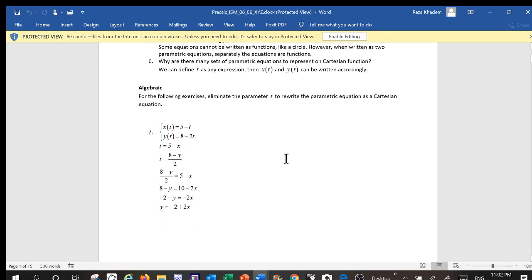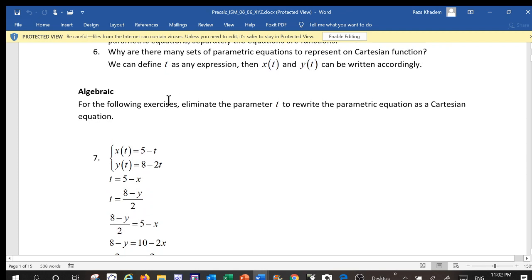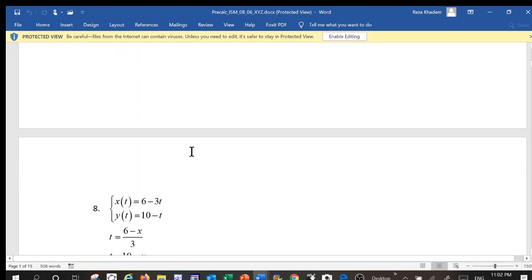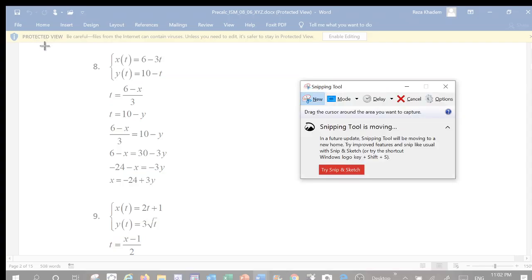So what we have here, let's look at a few problems. It says, for the following, eliminate the parameter t to write the parametric equation as a Cartesian equation. Okay, so here you go. So let's do this one. So what do we do? How do we do this?